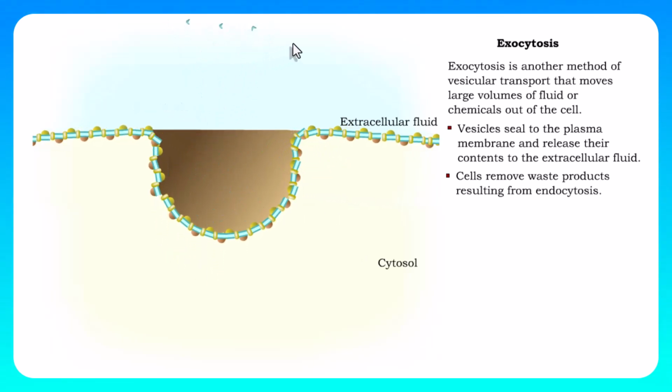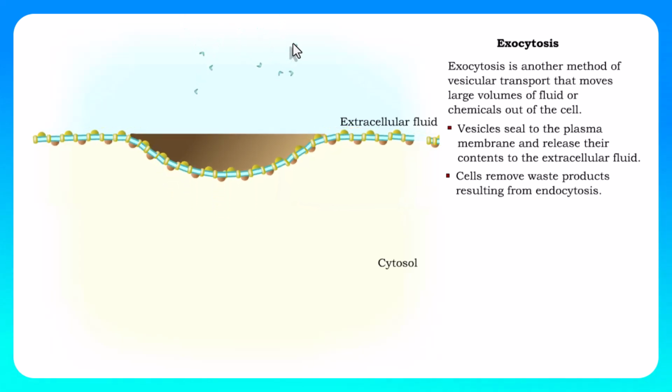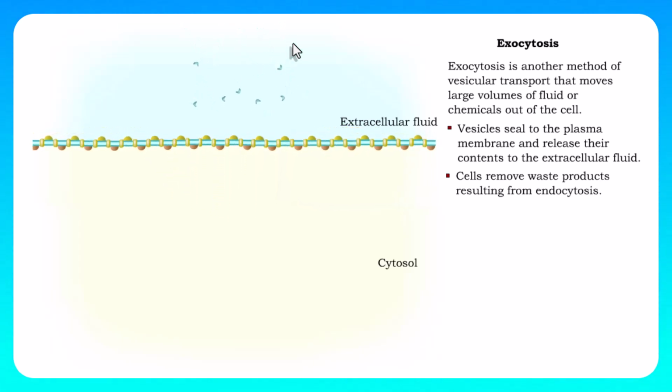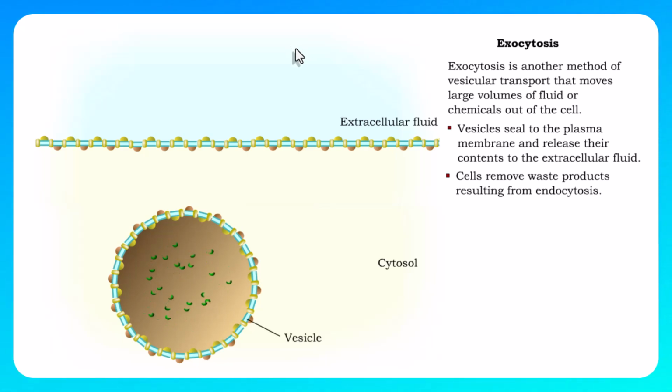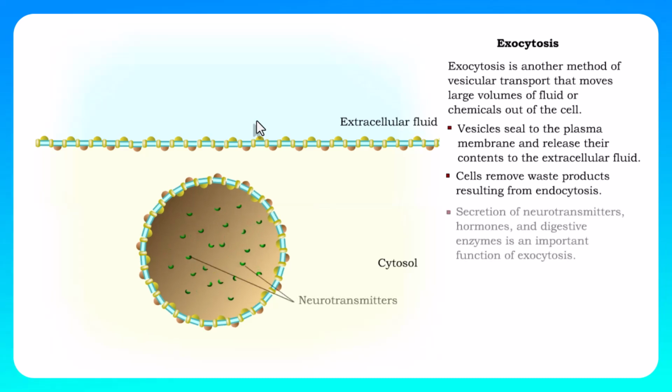Exocytosis is the way the cell ejects waste products resulting from endocytosis. Nervous cells release neurotransmitters via exocytosis, and secretory cells secrete imported substances like digestive enzymes and hormones.